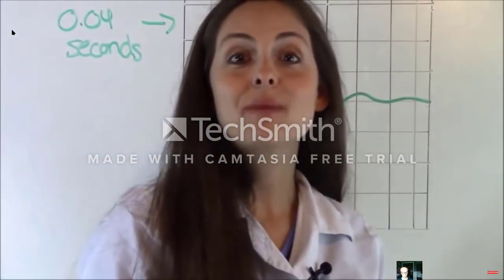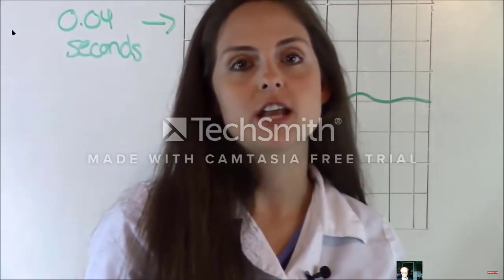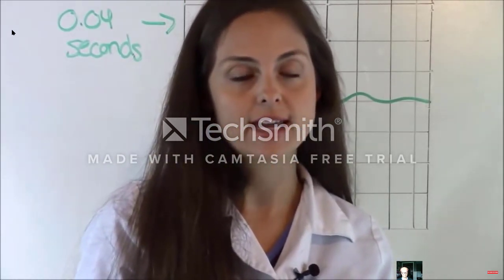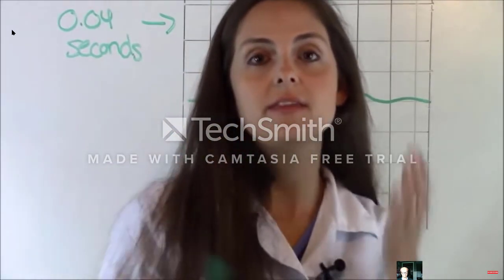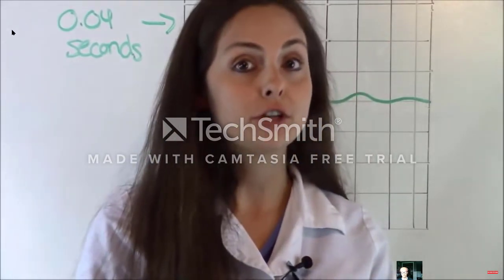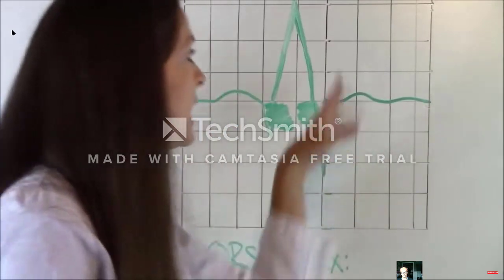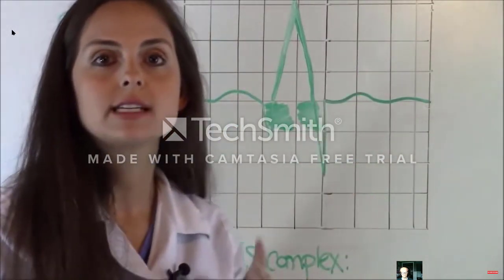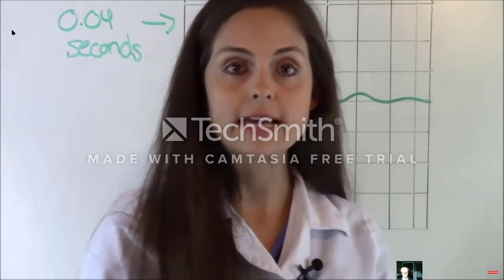Okay, so let's practice measuring a QRS complex. Behind me, I have drawn a blown up version of what an EKG strip would look like. On the EKG strip, like I said at the beginning of the video, you have the EKG, and then behind it, you have little squares. To make it easier for you to see on camera, I've blown it up. So behind me, these squares right here represent small squares, because that's what we're looking for when we're measuring the QRS complex.